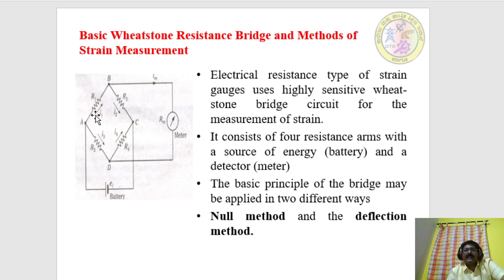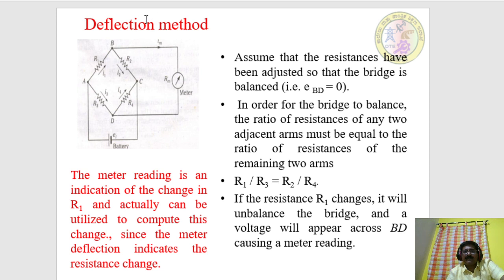It has been connected by a junction BD. And the basic principle of this bridge may be applied in two different ways, either the null method or the deflection method. We'll discuss the deflection method first.